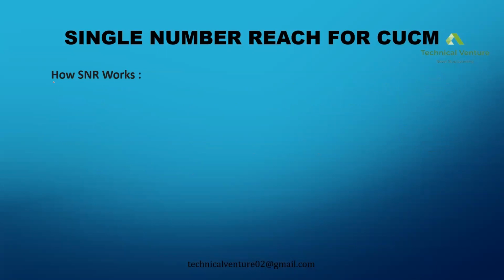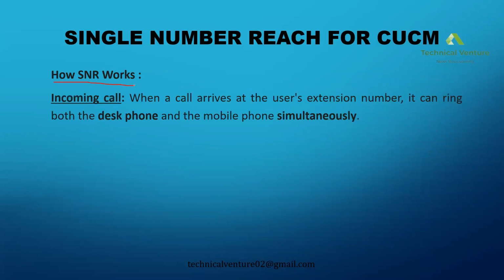Now the thing is, how does SNR work, right? Let's say for an incoming call, when a call arrives at the user's extension number, it can ring both the desk phone and the mobile phone simultaneously. Let's say you are sitting at your desk and you have this SNR already configured, that is remote destination profile configuration, which is the same as SNR.